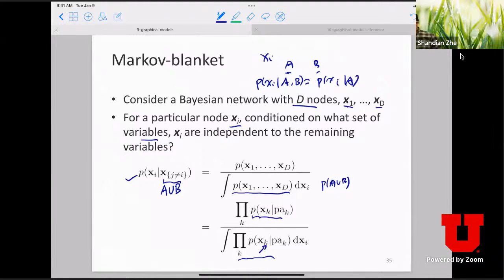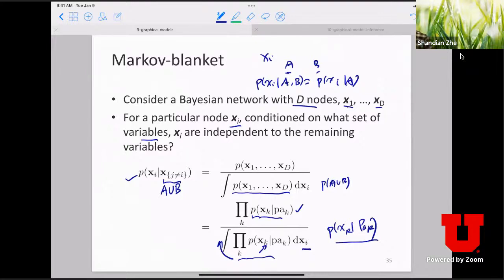And if there is a particular conditional probability which does not contain Xi at all, it is constant with respect to Xi, so you can move it out of the integral. You have the same term in the numerator, so they just cancel out.